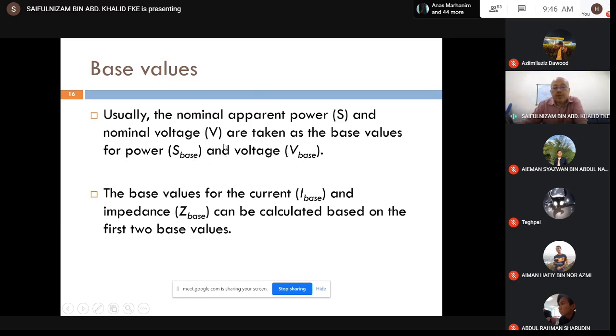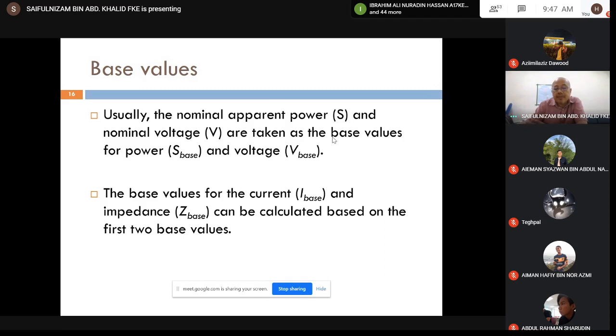Usually for each component there is a rating from the nameplate, which is given by the manufacturer. All these values are taken as old base values, because we have a new base value, which is used in calculating the new per unit values.